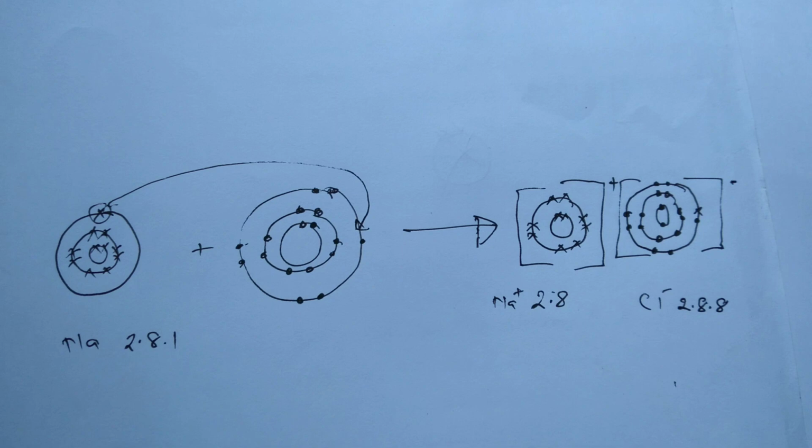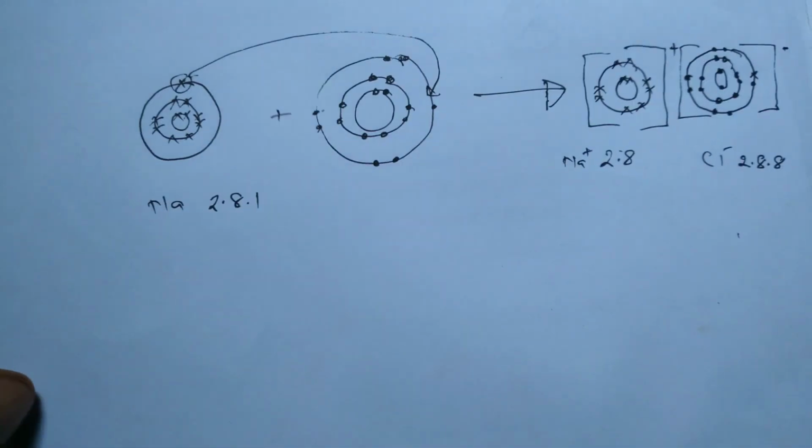All right, so this is a bond we call an ionic bond. In essence, one atom loses an electron and transfers that electron to another atom. That's a good example.